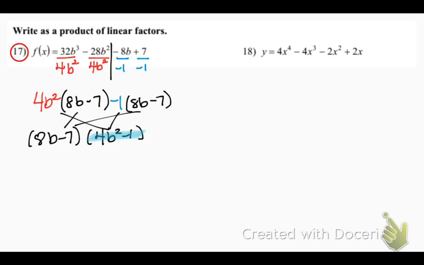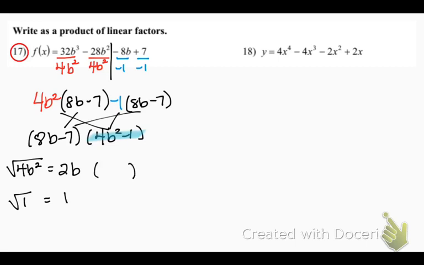Now, remember, that's a difference of 2 squares. So the first term I can take the square root of, and the second term I can as well. The square root of 4b squared: the square root of 4 is 2, and the square root of b squared is b, and the square root of 1 is 1.